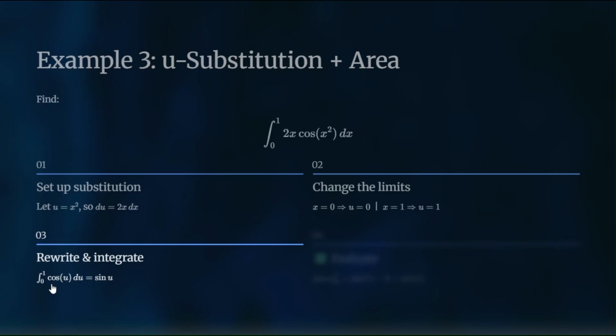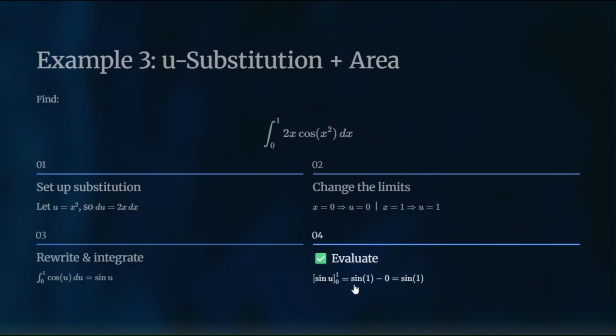The antiderivative of cosine is simply sine, so we can evaluate from 0 to 1. So that will be sine 1 minus 0, which is sine 1. Since it's not an exact number, we'll just leave it as such.